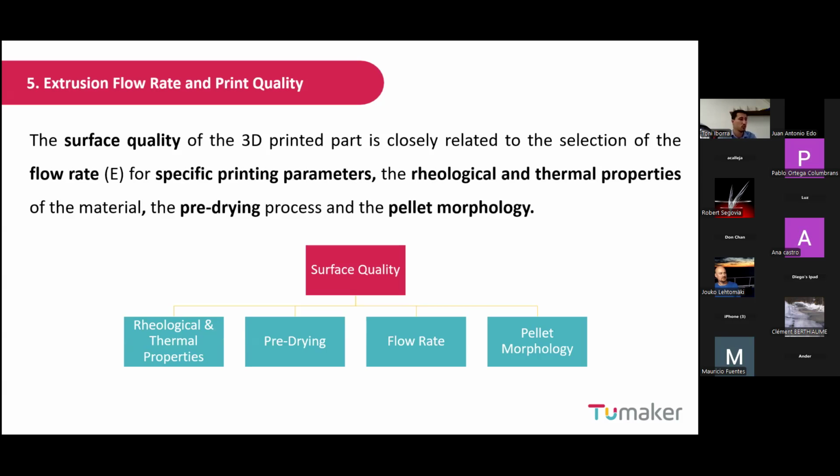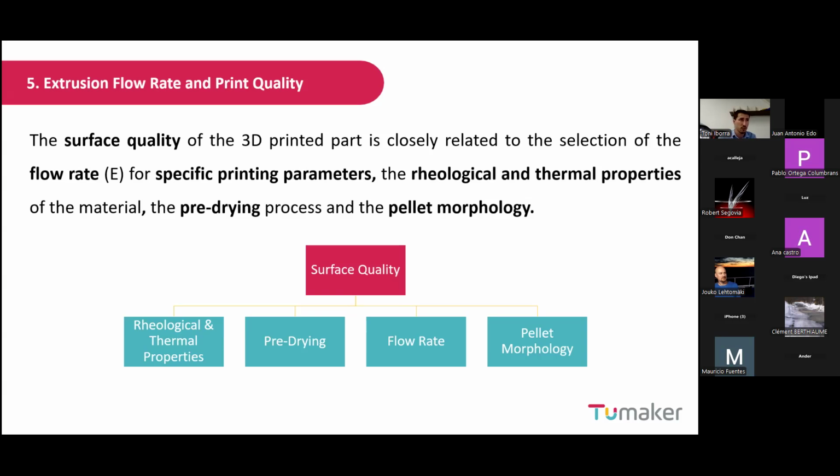The third factor is the pellet morphology. As I always like to say, our pellet extruder was designed for injection molding grade pellets, but we have realized, together with our colleagues from Colfeed4Print, that we can push the boundaries of our pellet extruder technology, and at this point we can process some other pellets.